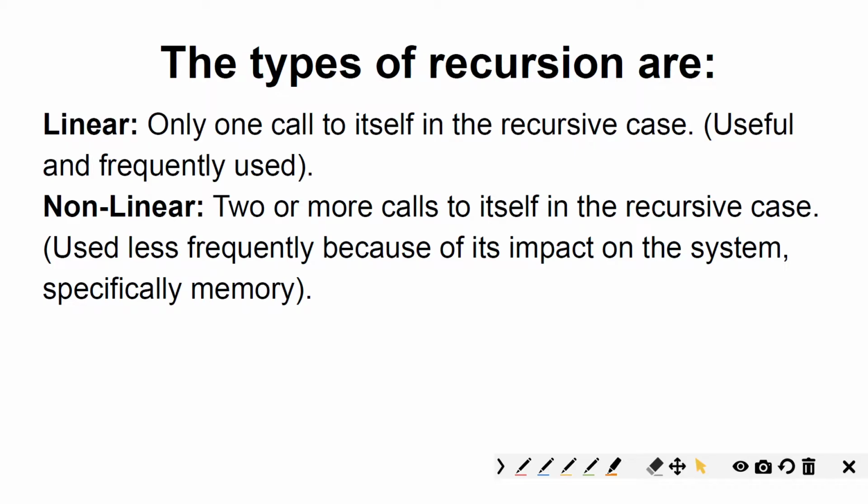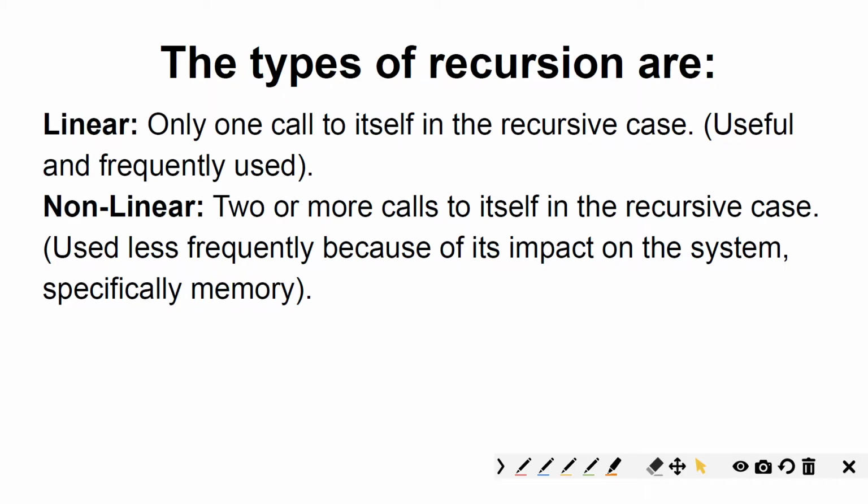The types of recursion, there are two types. Of course, on the internet or online, you're able to find more types, and today we look into subtypes of linear and non-linear types.